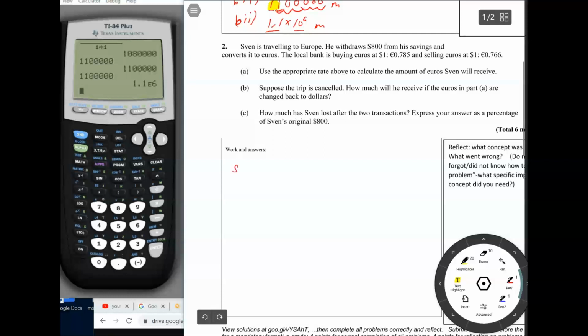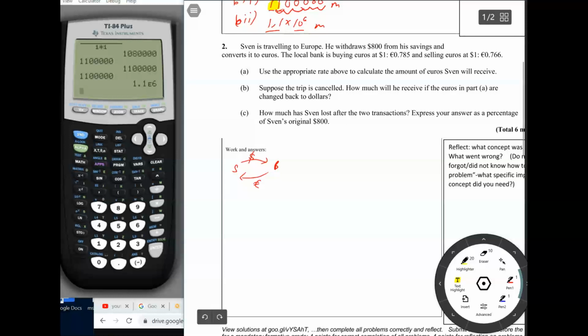So let's say I'm going to have Sven and I'm going to have the bank, and he is giving the bank money and the bank is giving him money. What money is Sven giving the bank? He's giving dollars, right? US dollars. What is the bank giving Sven? He is converting to euros, so the bank is giving him euros.